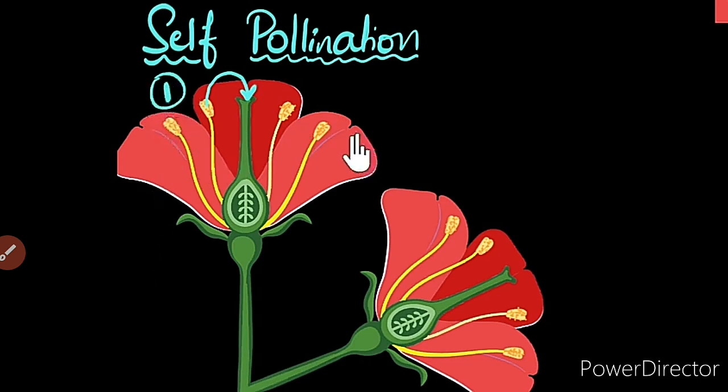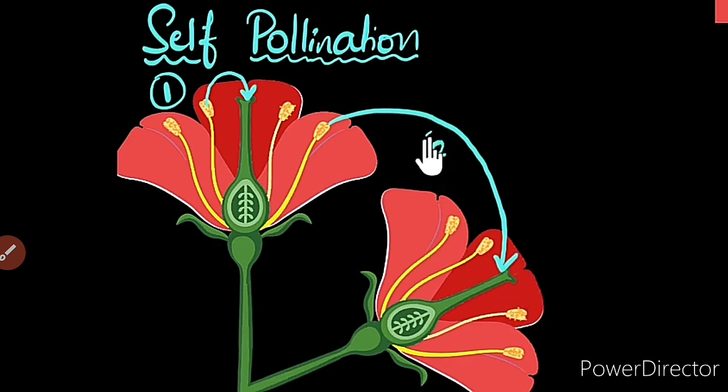But even if the pollen grain is transferred from the anther to the stigma of a different flower belonging to the same plant, it is also called self pollination. Why?